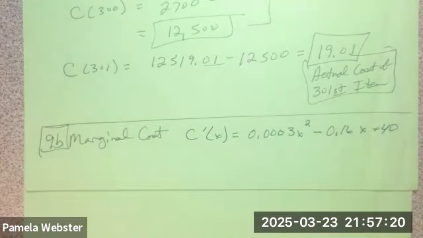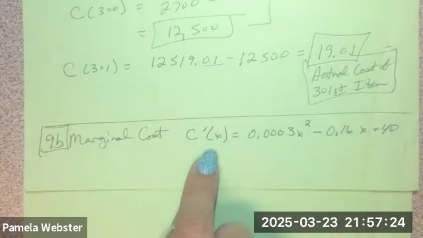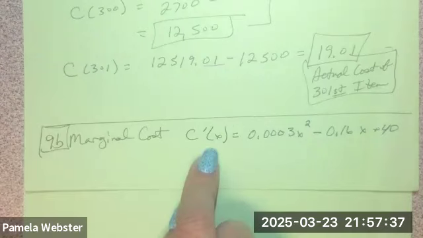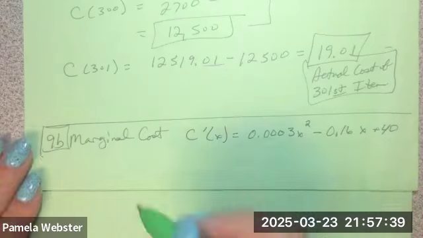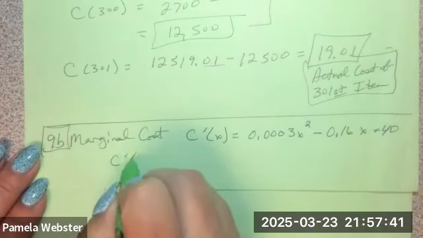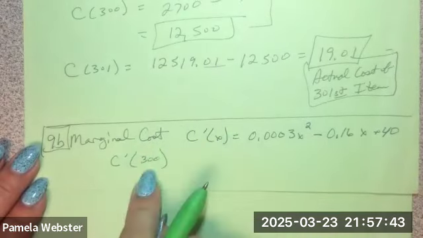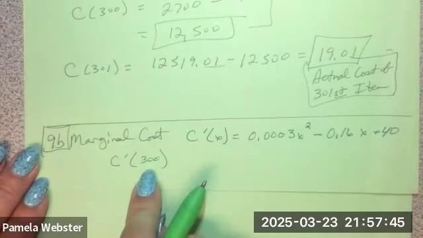And remember, the only thing you have to be really careful about here is when I want to find the 301st guy's price, the marginal cost is how much it costs to make just that one item, 301st guy. Okay. I don't put 301 in here, so be careful about that. That's the only thing you kind of got to be careful about. If I want it, I put in the previous item, right?